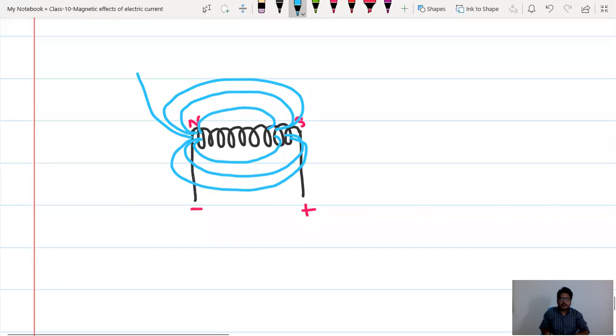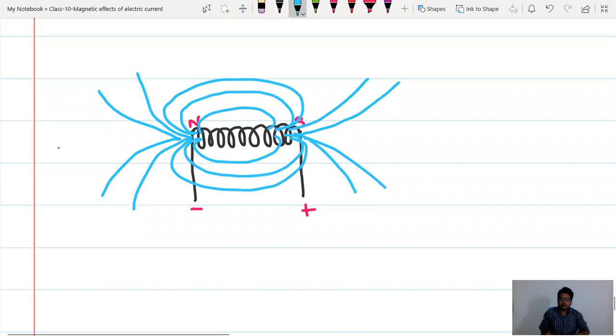You can extend like this, this side you can extend, another line extend, and the middle should be straight. Arrow marks are so important. North to south, north to south, north to south.